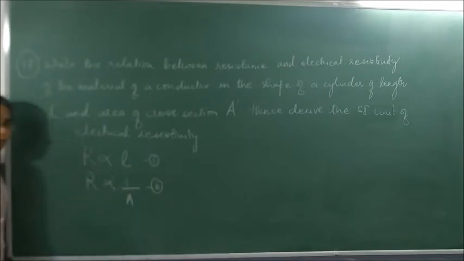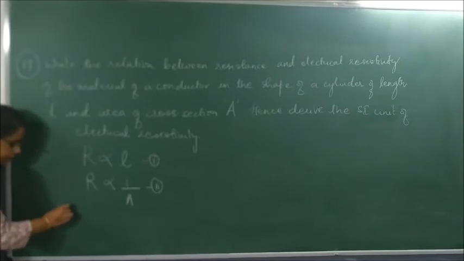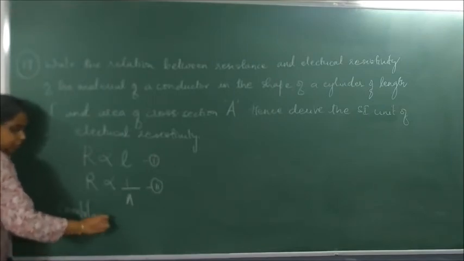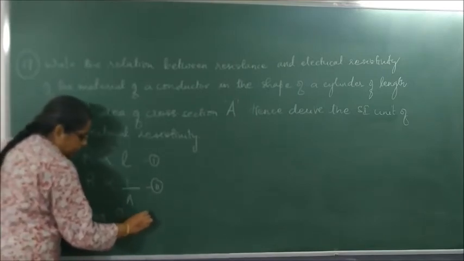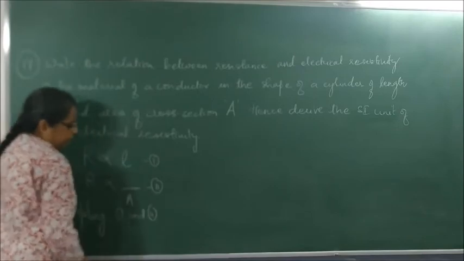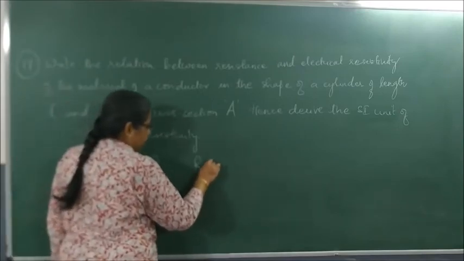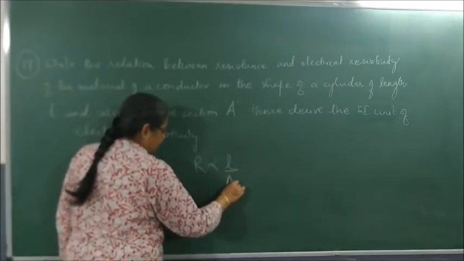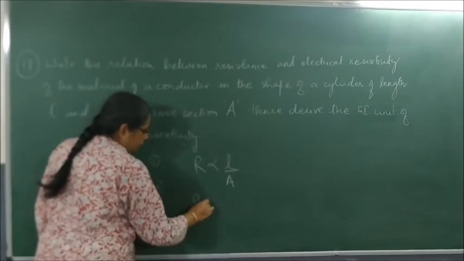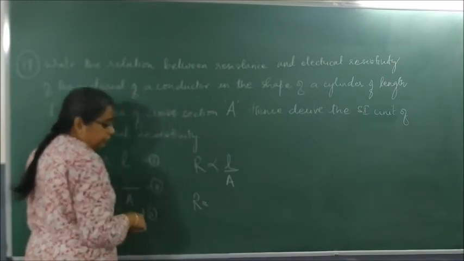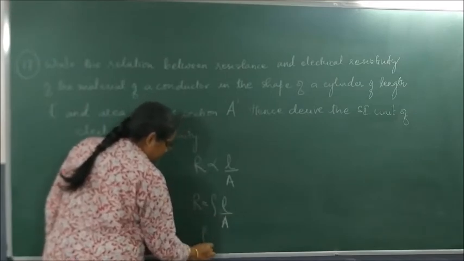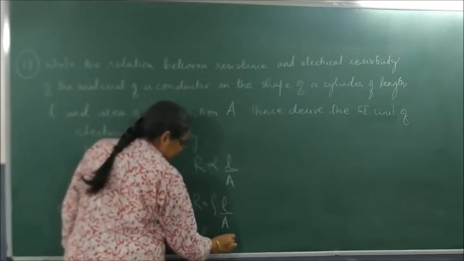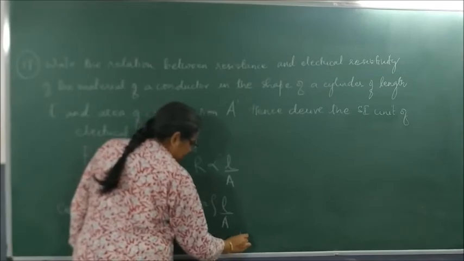Then you write, compiling 1 and 2, we get R is proportional to L by A. So R is equal to rho L by A, where rho is called specific resistance or resistivity.